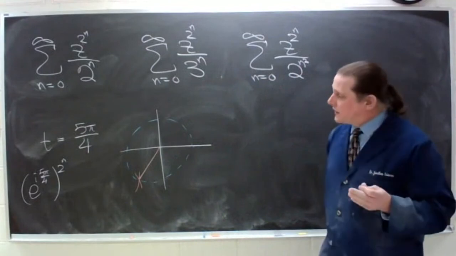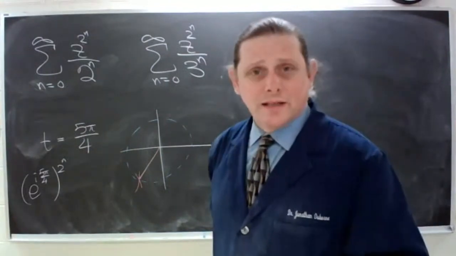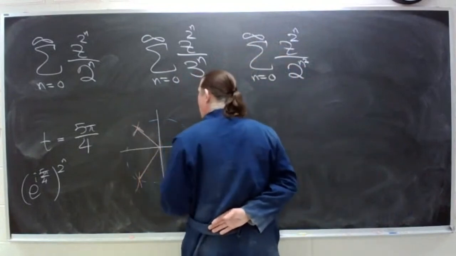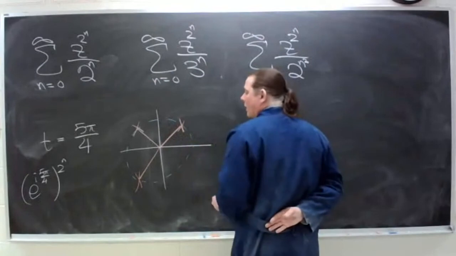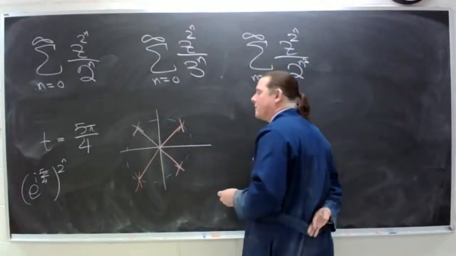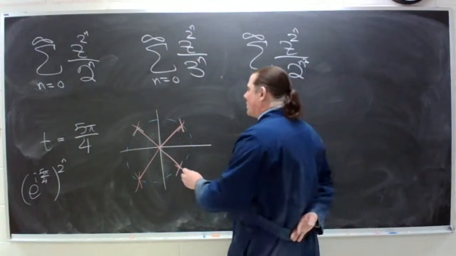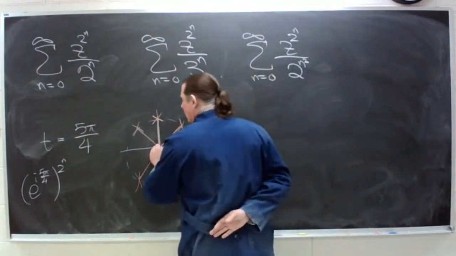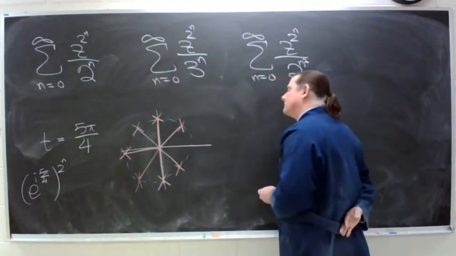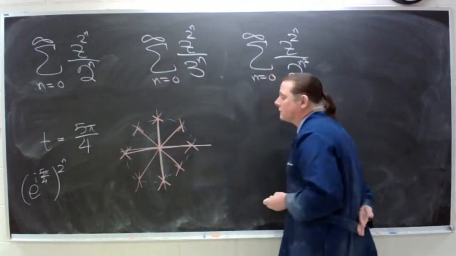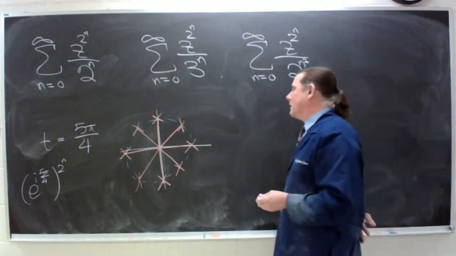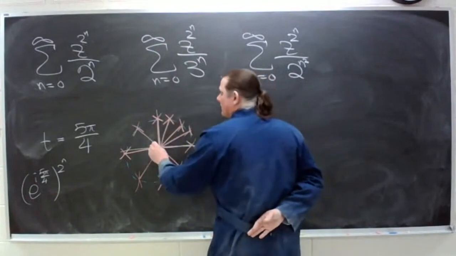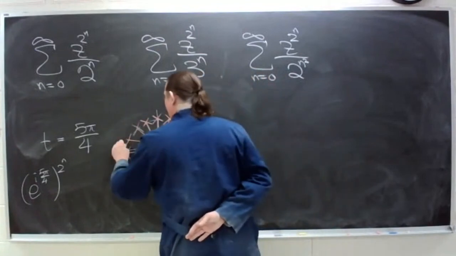All right? If you think carefully about that, you see that that same argument can be made for 3 pi over 4, and for pi over 4, and for 7 pi over 4. You'll also see that that argument can be made for pi over 2, 3 pi over 2, pi. Clearly, it can be made for 0. It can also be made for pi over 8, 3 pi over 8, 5 pi over 8, 7 pi over 8.